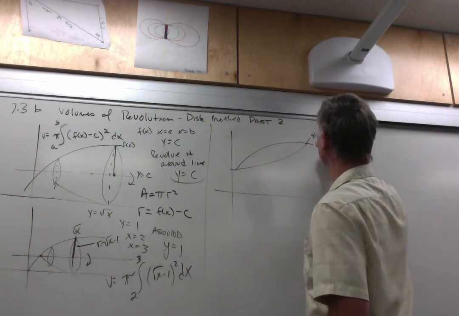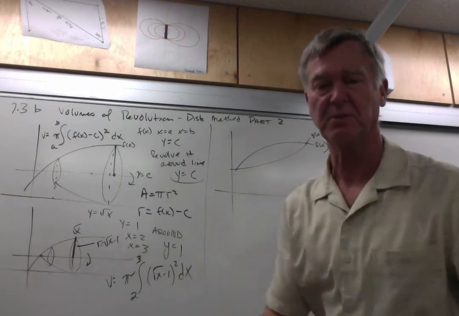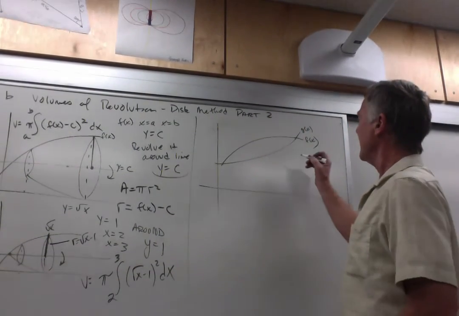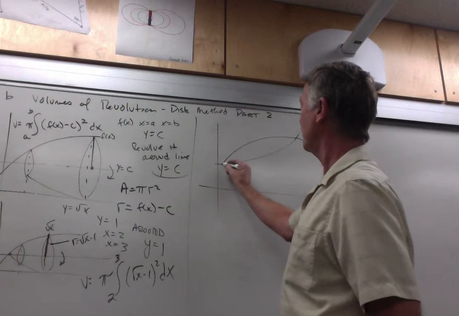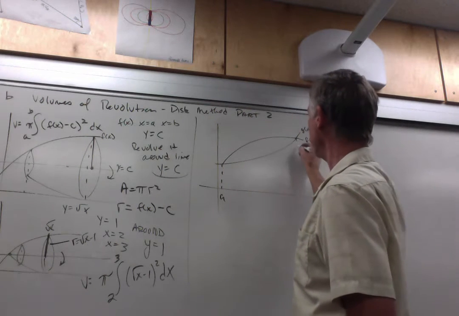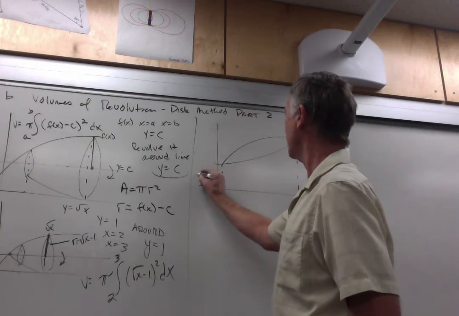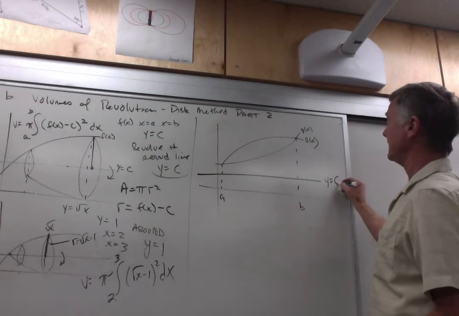By the way, the fact that they're going to be squared means it doesn't matter which one is on top or which one is below. Let's say we go from where they meet, from a to b, because that's very common, but we are going to revolve this around the line y equals c.